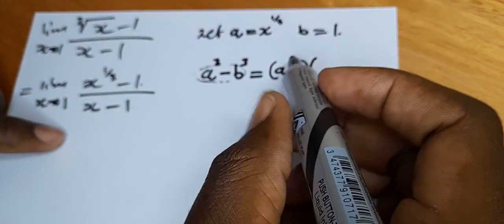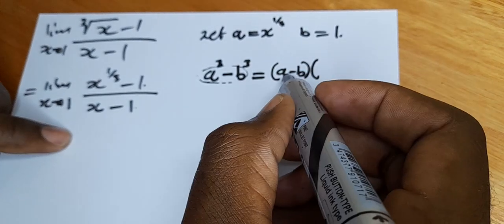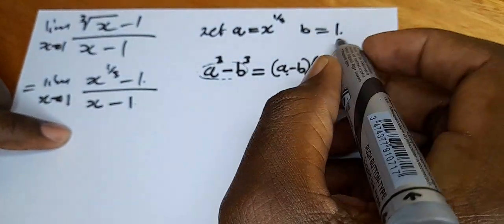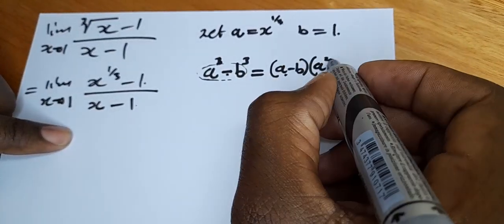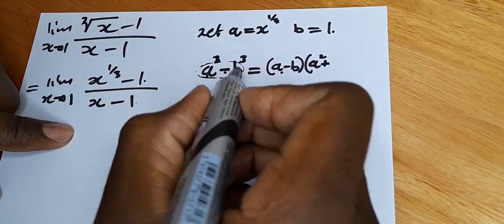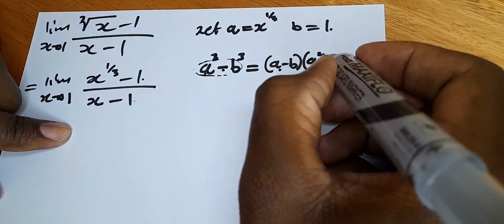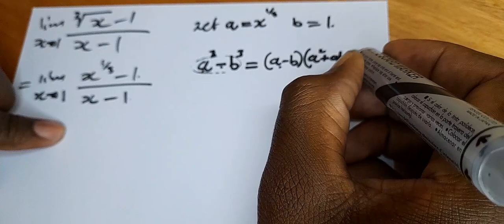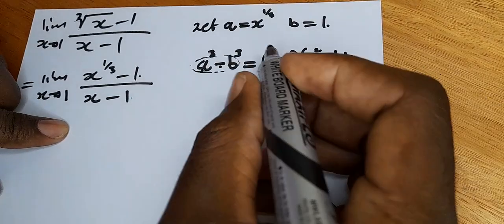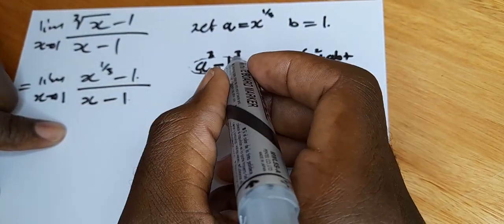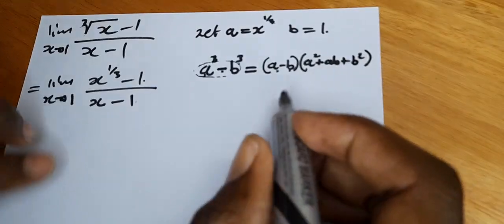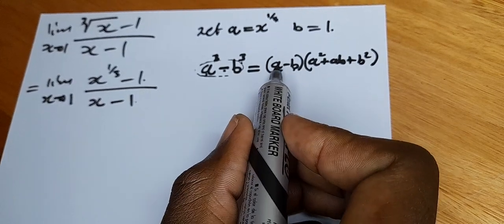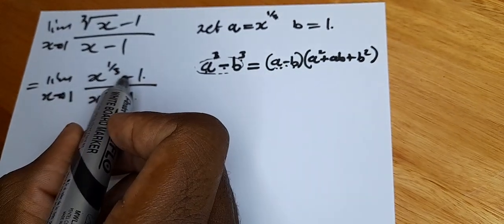Then now we are going to say a cubed divided by a is equal to a squared. Then since here we have negative, here we are going to put positive. Then we say a multiplied by b is equal to ab. Then here is always positive. Then b cubed divided by b is equal to b squared. Then now we are looking for a minus b, because here we have minus.